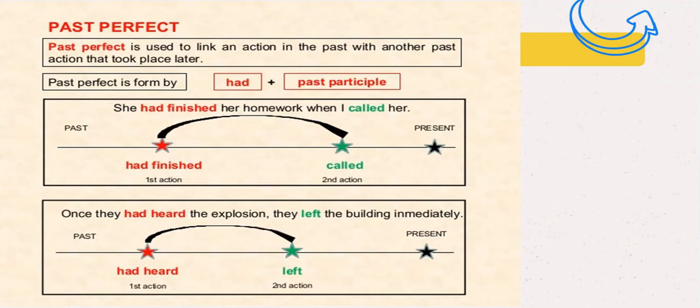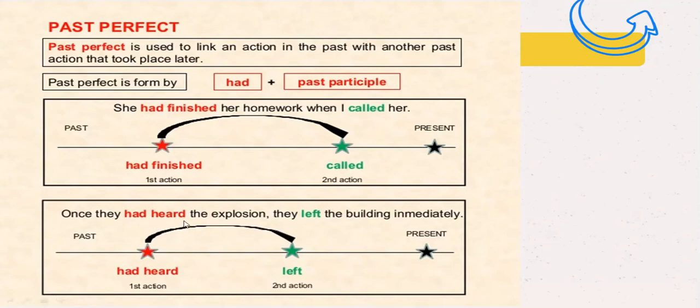Now after that she called her friend. Okay, so that's how we know. That's what we have. The first action and the second action, both in the past, but one action happened first. Okay, this one first. I had finished my homework, and after that, my friend called me.